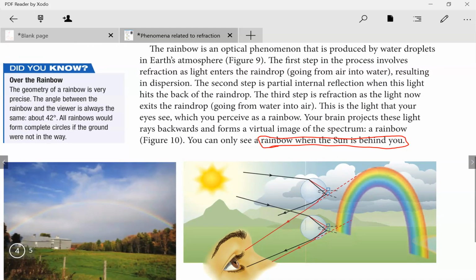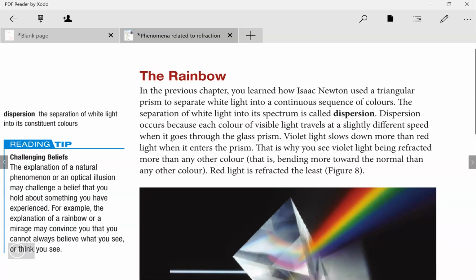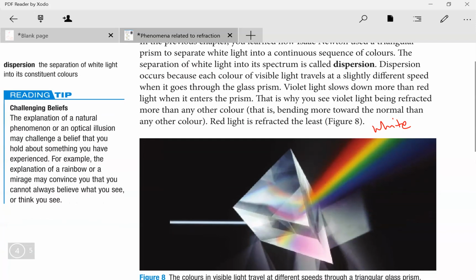So the first step, we have to talk about this prism thing, where white light is split into its 7 colors going through a prism. Because they have different wavelengths, they slow down differently, or they change their wavelength differently when they enter a prism.